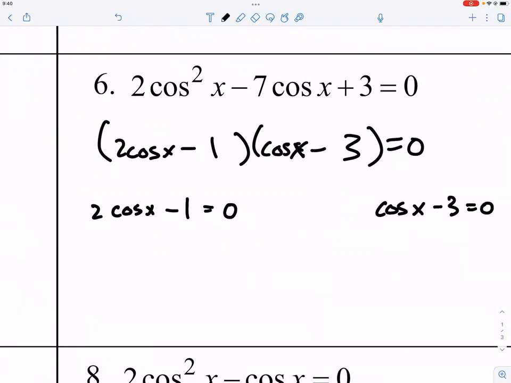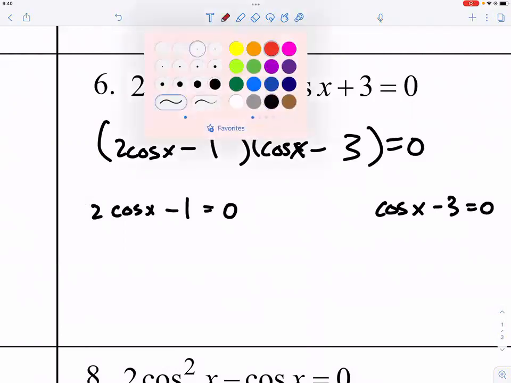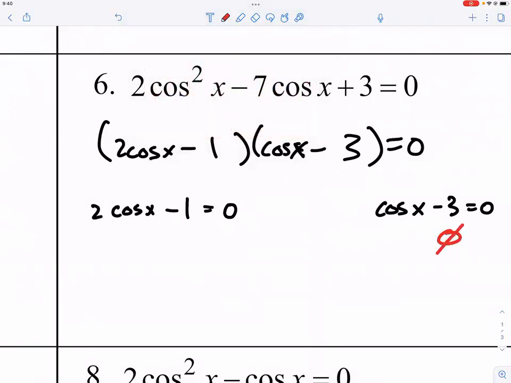Now, can you see something strange? Cosine x minus 3 equals 0. So you're saying cosine equals 3? But our understanding is that cosine can go only up to 1. So there's nothing going on from this end of the possibility.